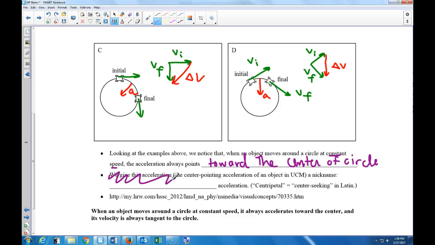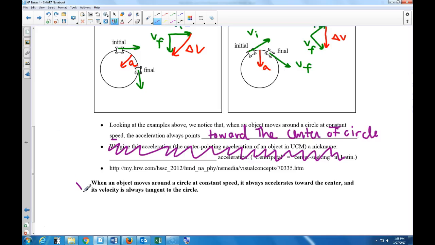And we already talked about what we call this acceleration, the centripetal acceleration. We're not going to watch this video, but you can look it up if you're interested. But the big idea: when an object moves around a circle at constant speed, the acceleration is toward the center, and its velocity is tangent to the circle.